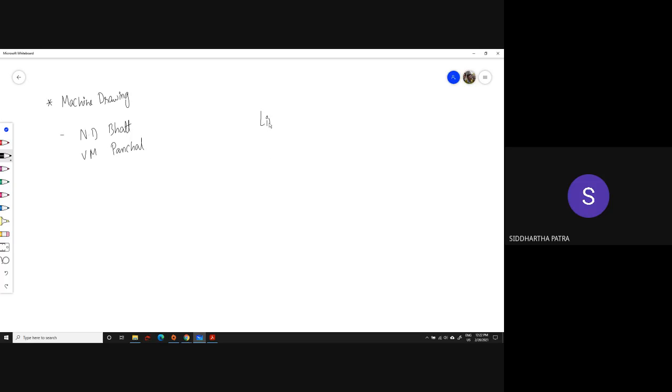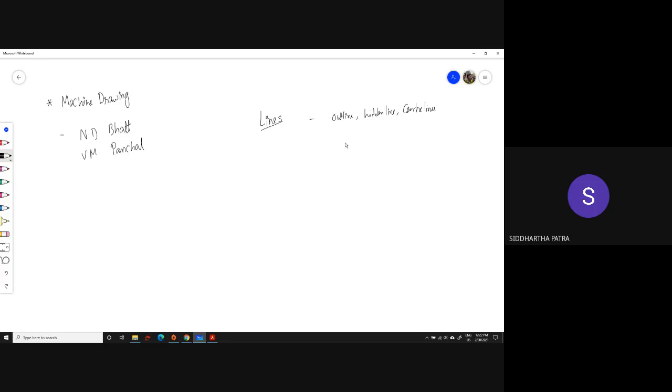So lines and line widths. The lines that would be used for drawing the outline of the geometry, then the hidden lines, the center lines, etc. Each of these lines has a different purpose, and they also have different thickness.